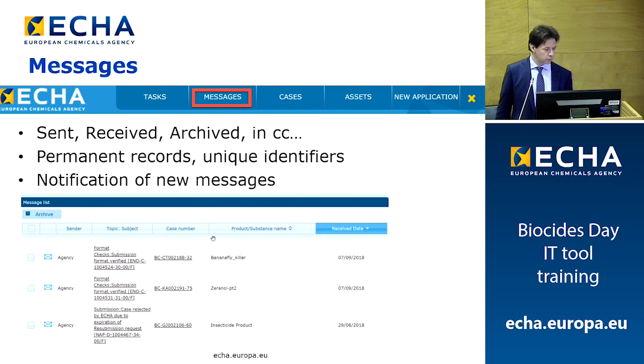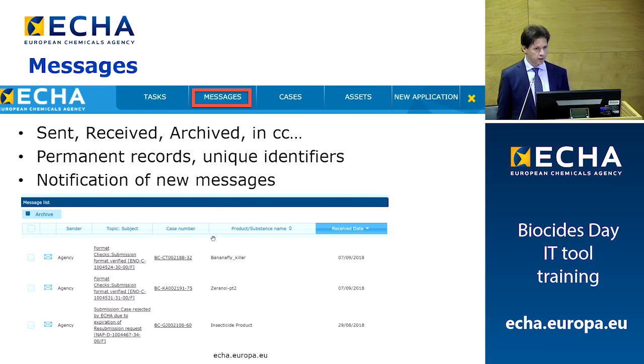From 2 days ago, because on Tuesday this week we released the latest version of R4BP 3.12, it also contains the possibility to add recipients in CC with the reply and reply all function. So we are getting closer and closer to a normal email communication management system.